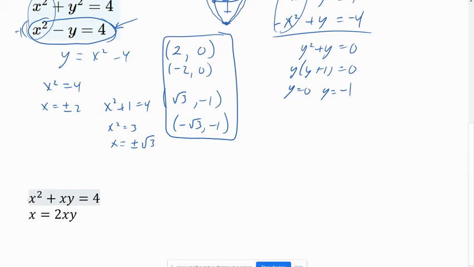But the first one, I don't really recognize what kind of curve that is, probably some kind of a hyperbola because of the xy. But we can solve this algebraically by using the elimination method or by substituting in place of the expression xy. So go ahead and pause your video, give this one a try, see if you can solve this algebraically, and then press play when you're ready to check the solution.